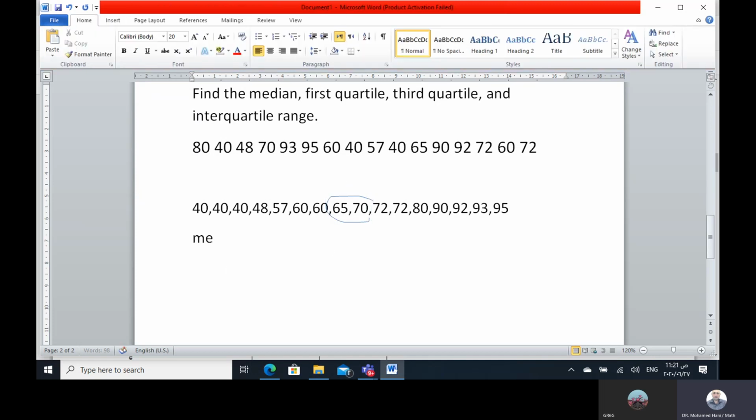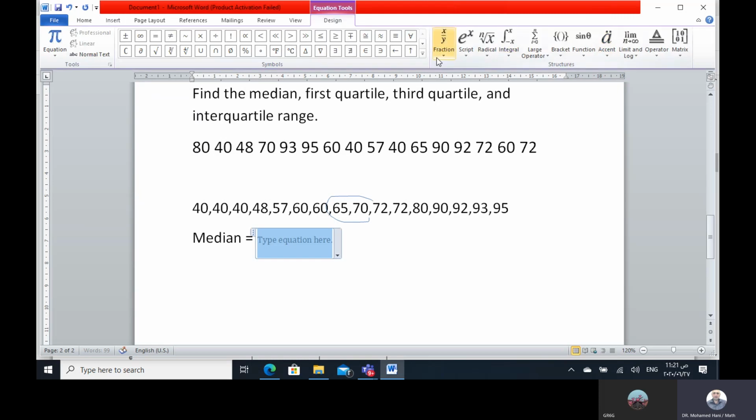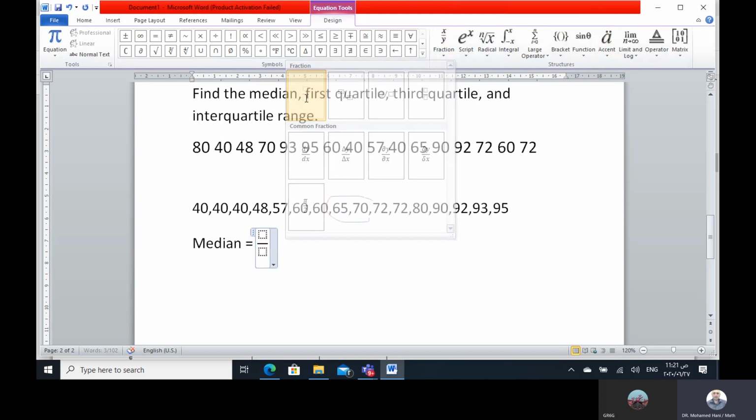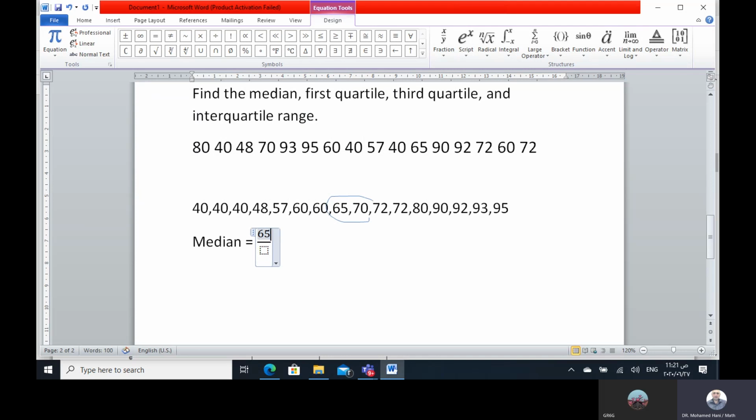So the median equal 65 plus 70 divided by 2.